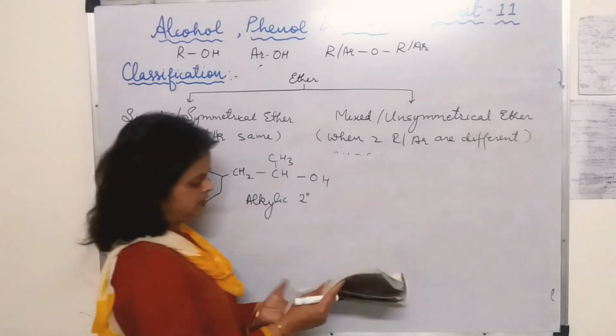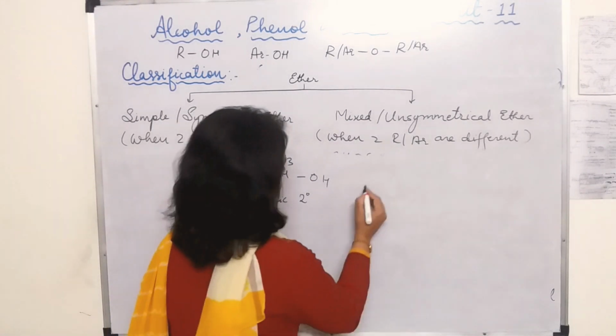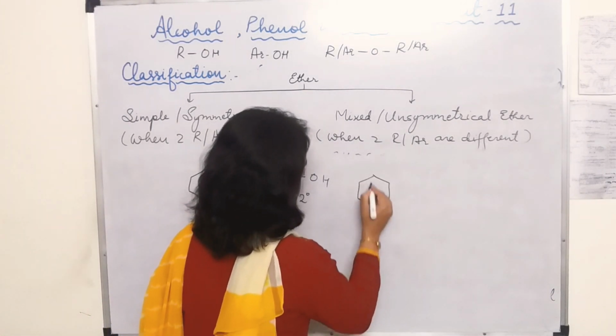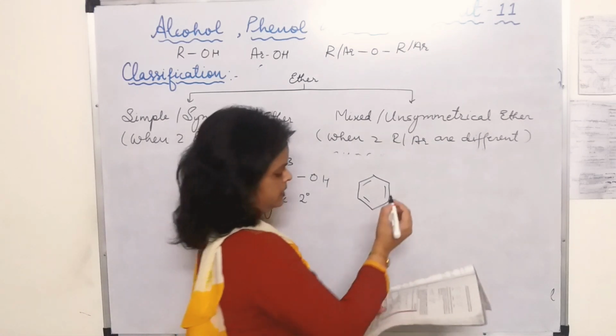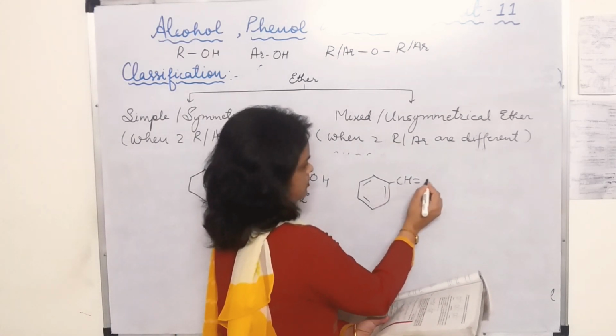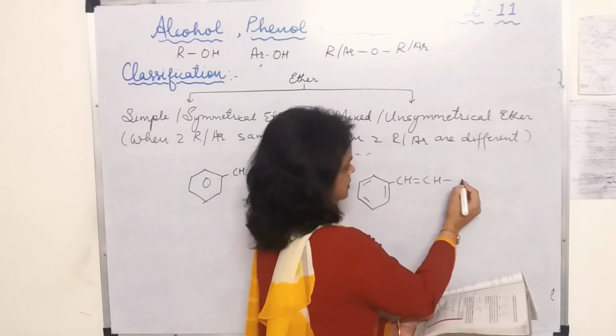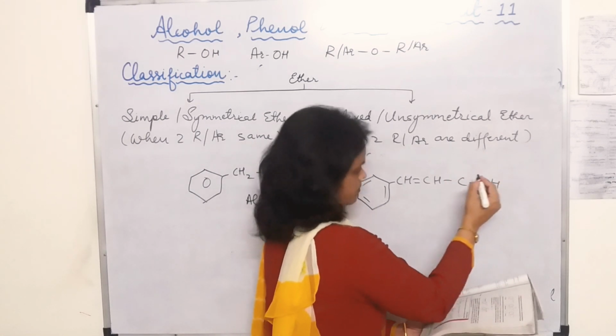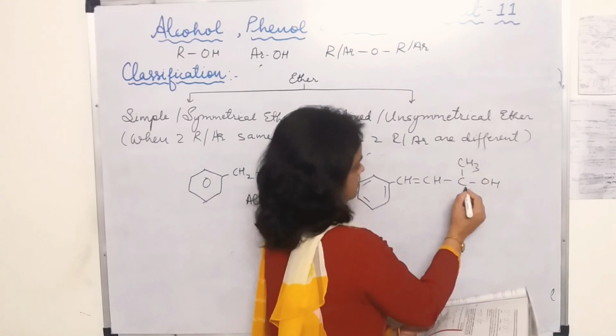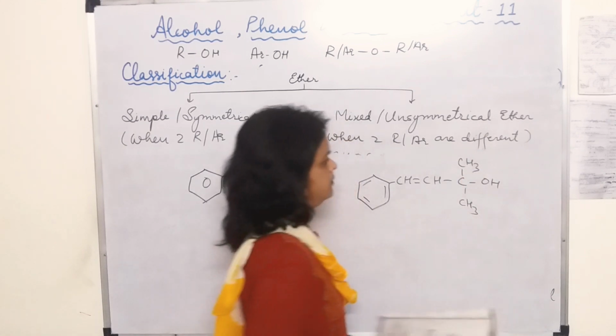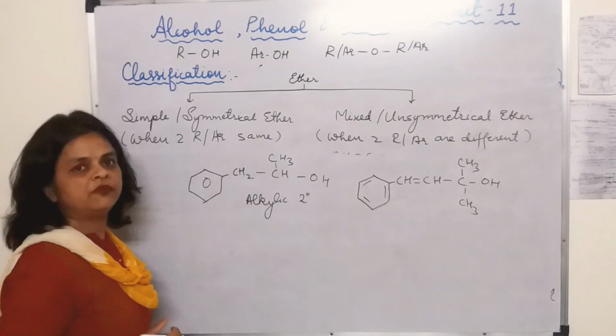For example, if we take this one, and here we had taken CH double bond CH, okay. Now here we have to identify which type of alcohol it is.